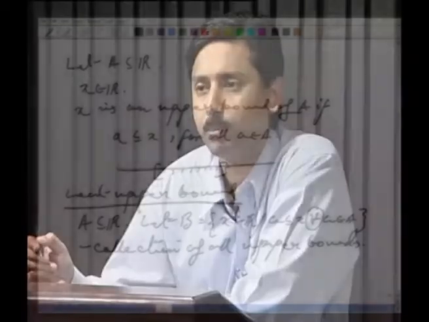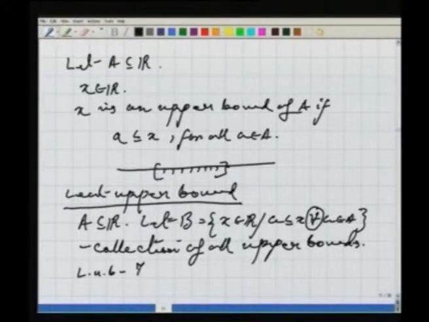And then what is the least upper bound? Well, the least upper bound is the least member in the set B. In short we call it LUB.